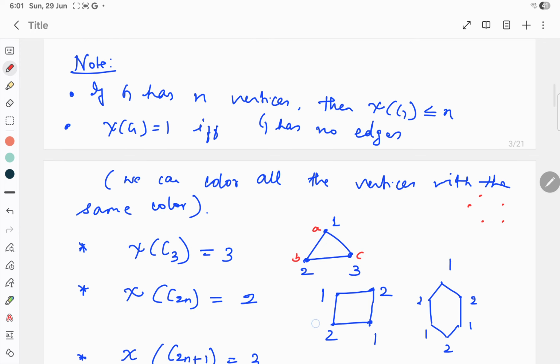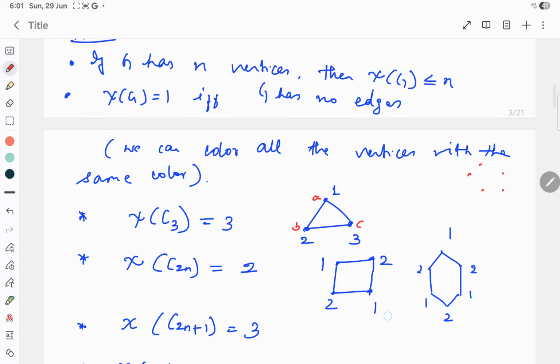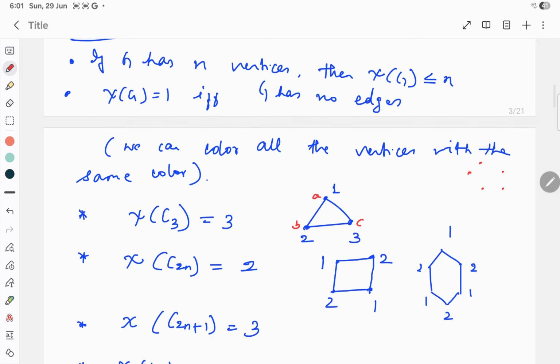Whereas the chromatic number of any cycle with an even number of vertices, so we can call it chi of C2n, is 2. The chromatic number of an even cycle is 2 because alternate vertices will take the same color. So 1, 2, the next vertex is adjacent to 2, so it cannot be 2 but it can be 1, as there is no edge connecting these two vertices.